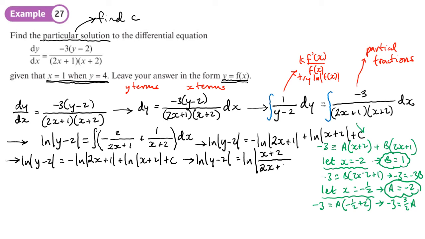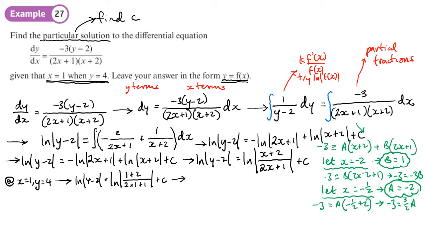So we can put those together, plus c. So now we'll say, right, at x equals 1, y equals 4. We'll substitute that in, and that will give us natural log of 4 minus 2 equals natural log of 1 plus 2 over 2 times 1 plus 1, plus c.